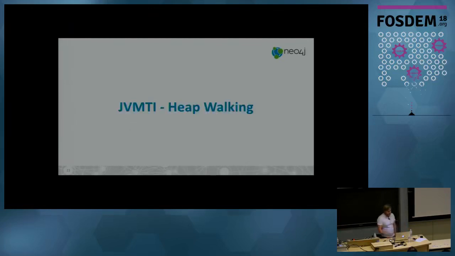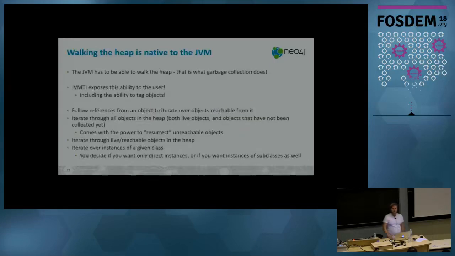Another thing that is useful that JVM TI can provide is the ability to walk the heap. This is pretty logical that this is a possibility, because the JVM has to do this all the time. This is what garbage collection does. It walks the heap and typically marks objects for collection or for moving, because they're going to be kept.